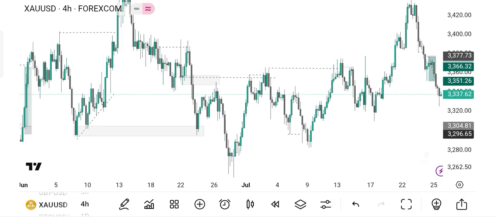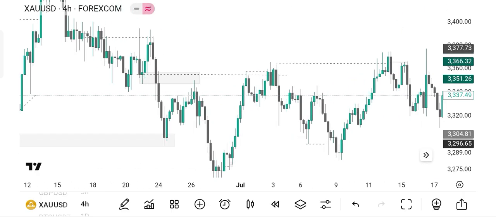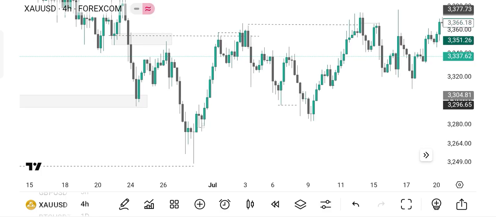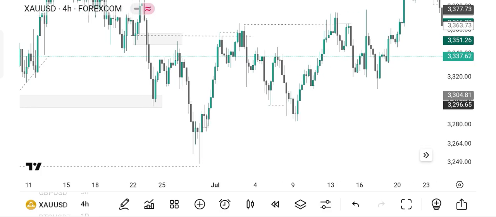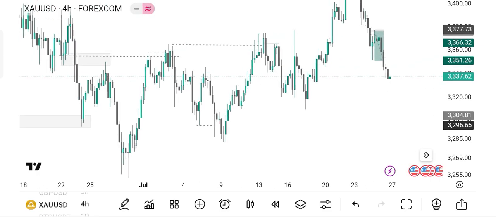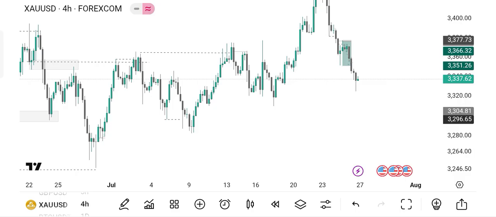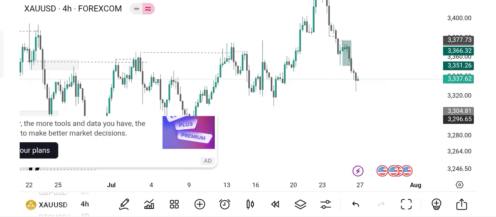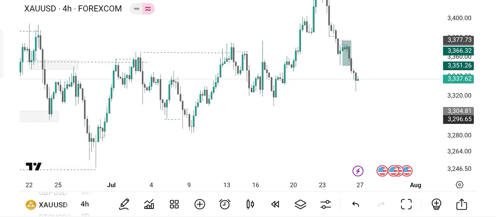So I took a short sell from here to somewhere around there. Because I know I'm buying, any sell I'm taking now is a short sell, not a permanent sell or a long sell. So price came here, sold as a pullback, then price bought to the upside again.